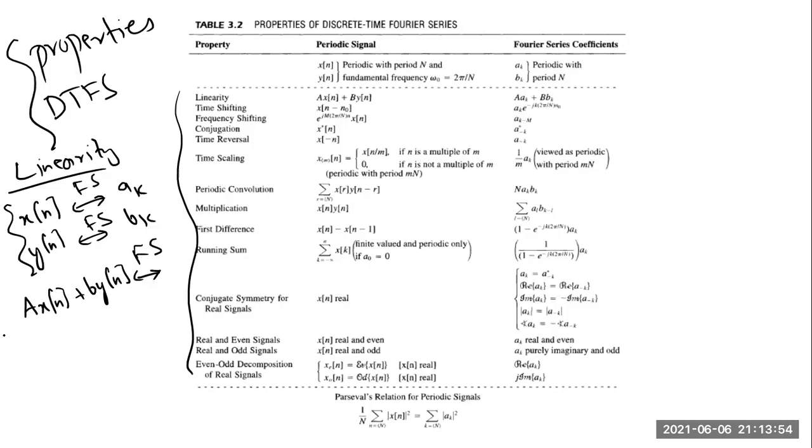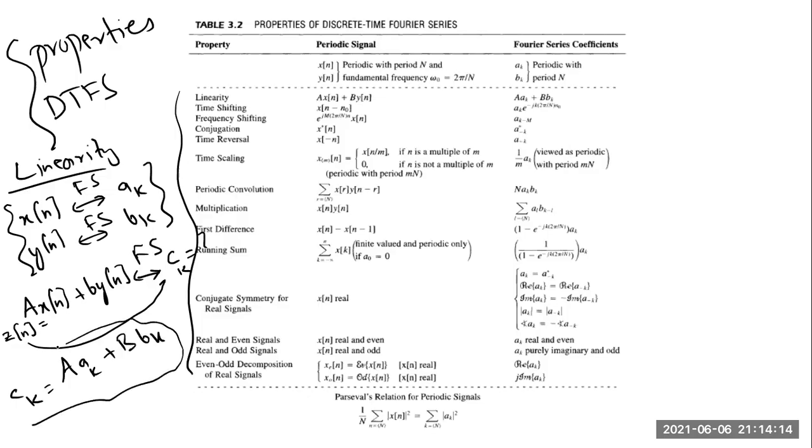For notation purposes, I can call this signal z of n, and its Fourier coefficients will be ck. Ck will also be the linear combination of the Fourier coefficients: a times ak plus b times bk.